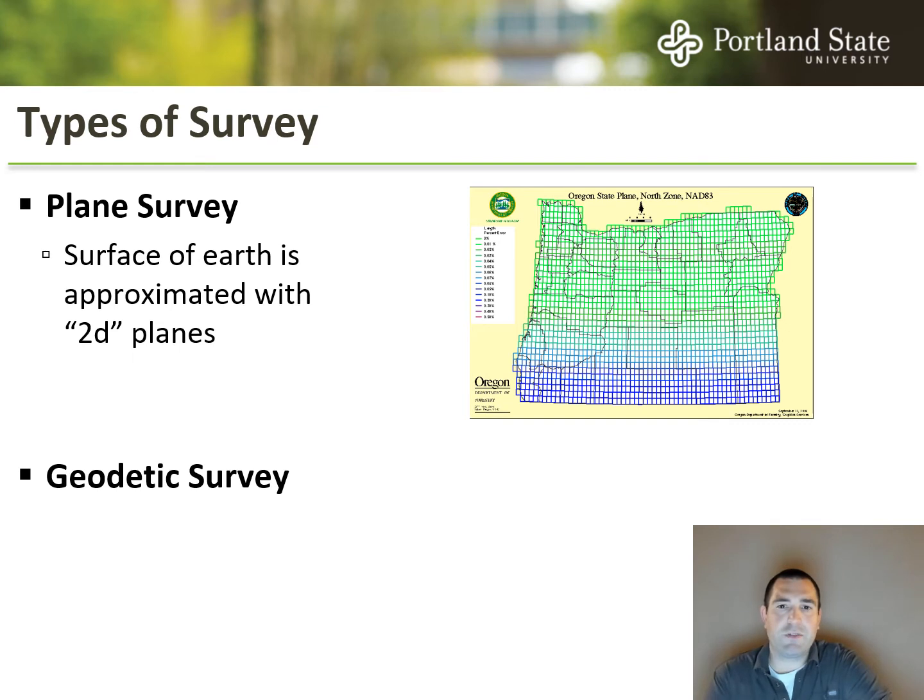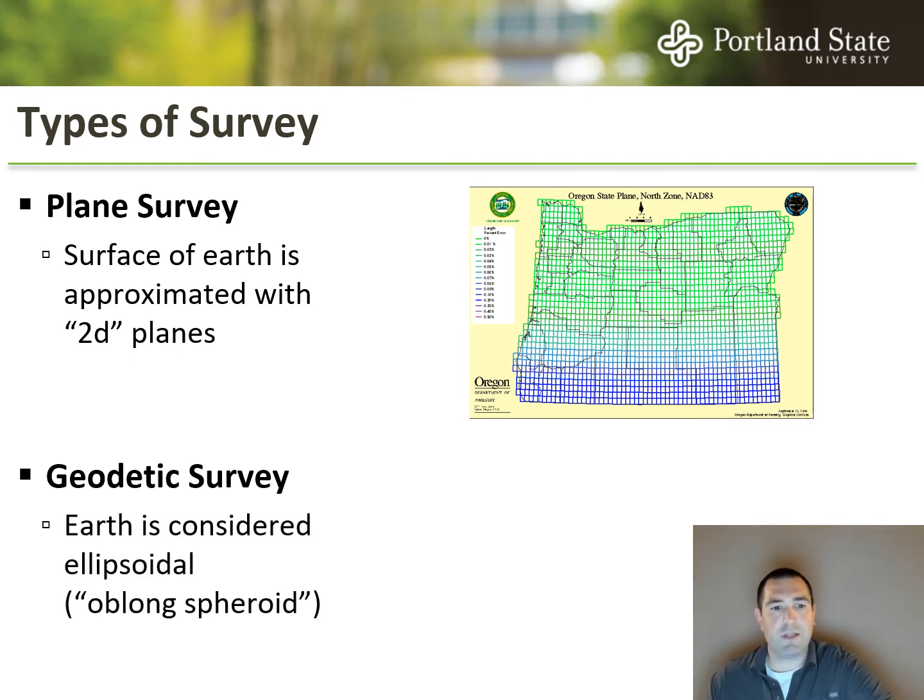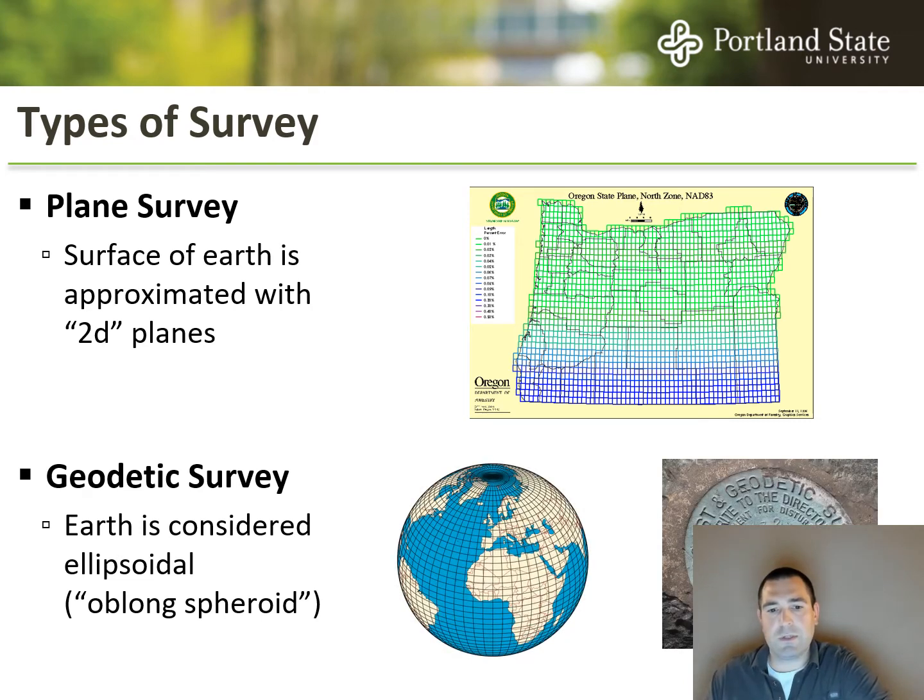Geodetic surveys don't make that abstraction. They take into consideration that curved surface of the Earth, and so there's less distortion with the geodetic survey. A plane survey inevitably has some error or distortion. The larger those planes are, the areas are, the more distortion you would get.